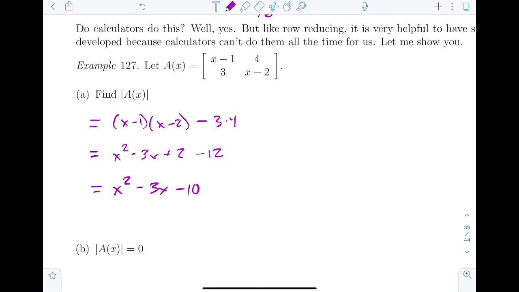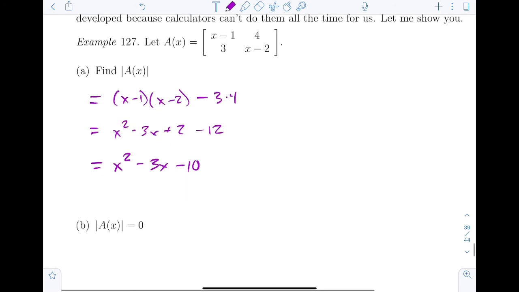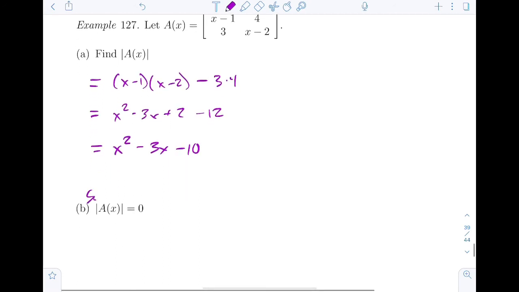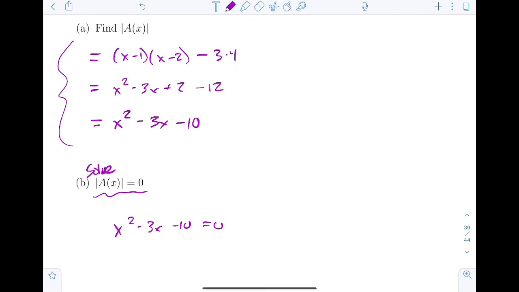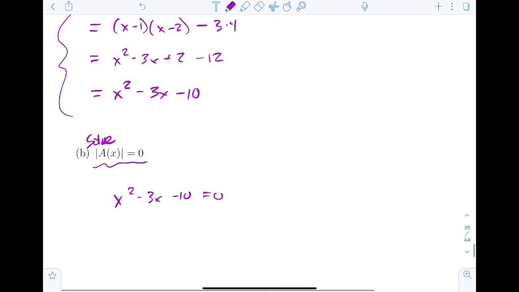Now here's what we're actually going to want to do. We're going to want to figure out when that determinant is equal to 0. And so you put some directions here: solve. If I want to solve determinant of A equals 0, then I'm just going to take all of this stuff from the first part and say that this makes x squared minus 3x minus 10 equal to 0. And we're going to be very interested in figuring out what makes determinants 0.